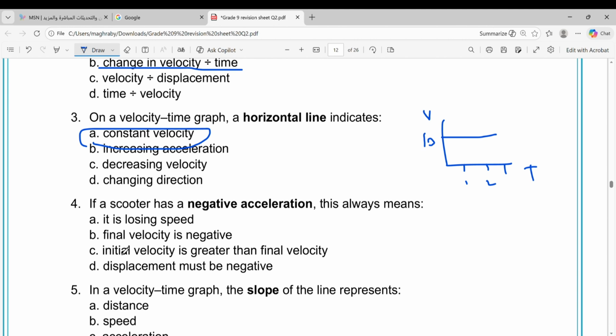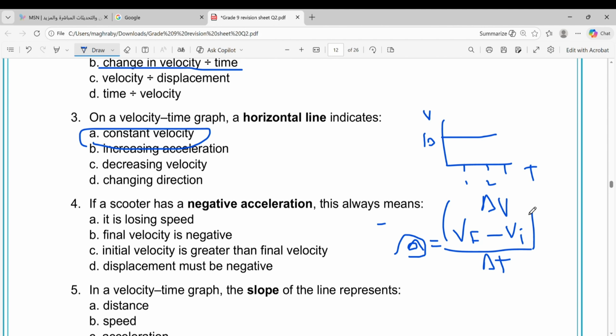Next one. If a scooter has a negative acceleration, this always means what? Write the rule of the acceleration: v final minus v initial over delta t. Okay, so in order to make this acceleration negative, this quantity, which is delta v, has to be in the negative sign, because time is never negative.